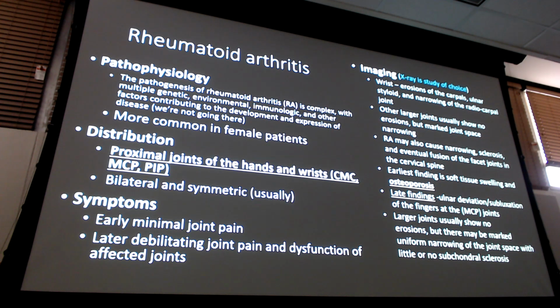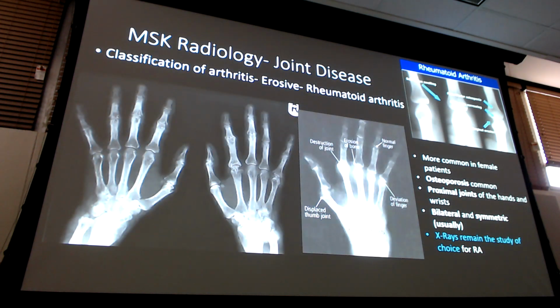But later on, if it goes unnoticed, it can be debilitating towards the end, and they won't be able to use their joints, okay? X-ray is still the study of choice. And this is what happens with it. All right? We start to get some erosion around the distal portions of the metacarpals.